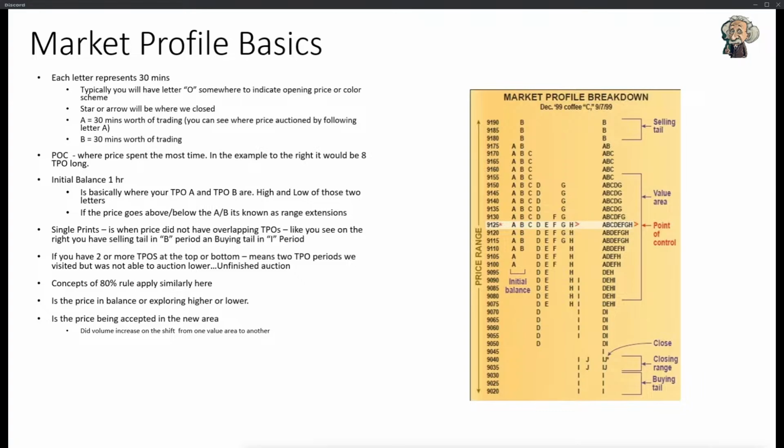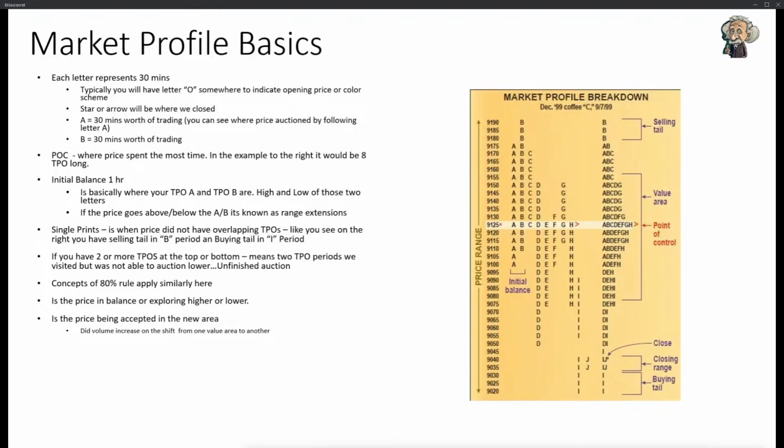We found a buyer, and that's it. The buying's going to stop because there's nothing else to give you there. So, that's a completed auction. Excess high tells you that it's completed. We found a winner on this auction, and most likely we have to auction lower to find a new set of buyers.